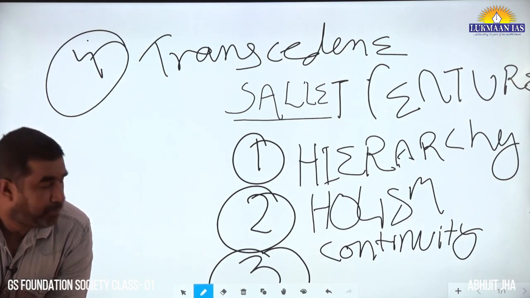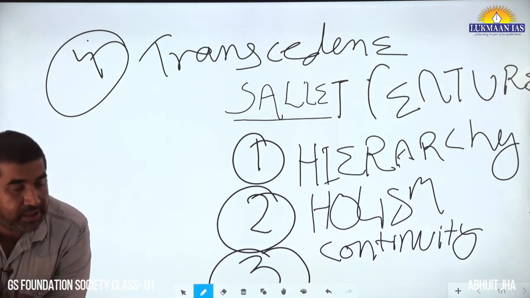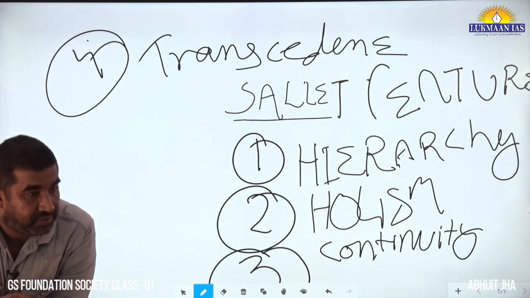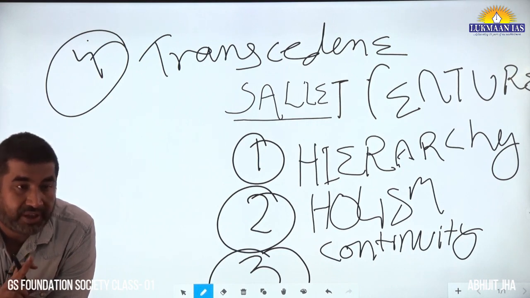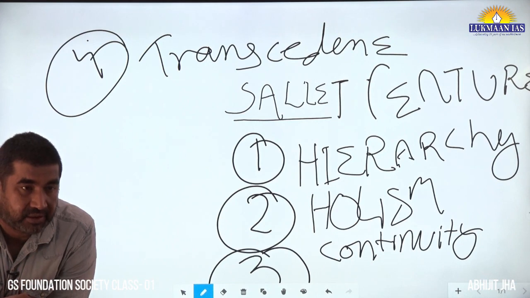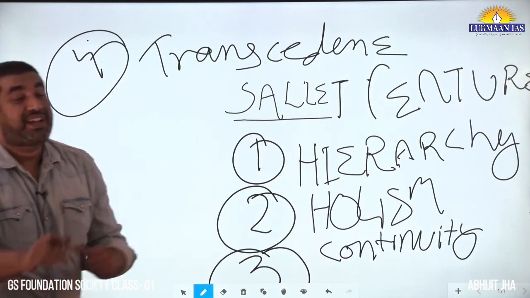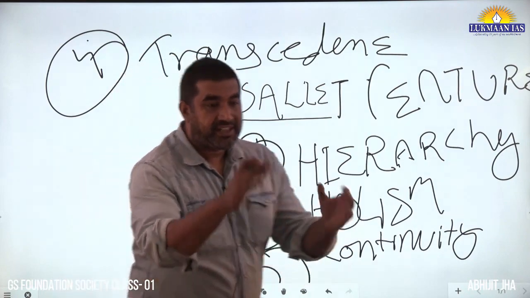Okay. Second part is holism. What does holism mean? That by yourself you don't have any existence. You are the son of someone, you are a man or a human, particularly a person from that particular caste, and that is your identity.